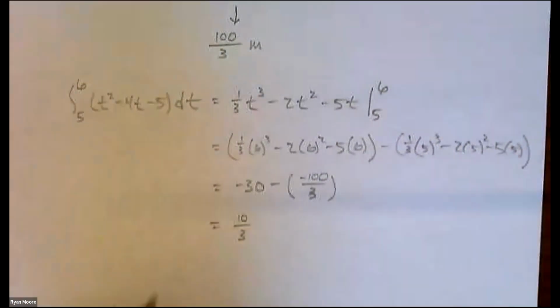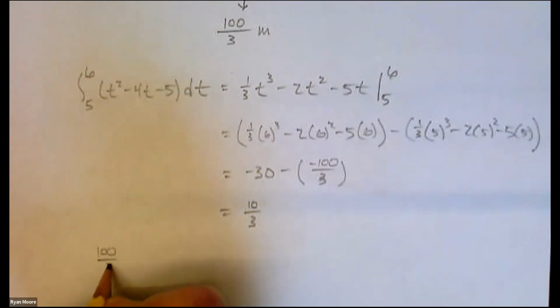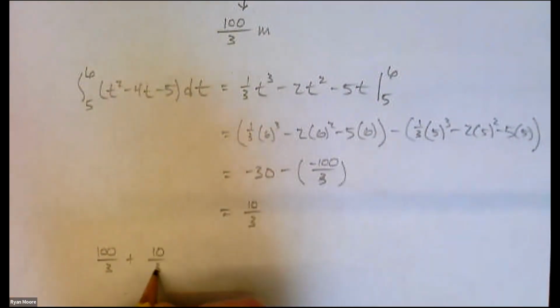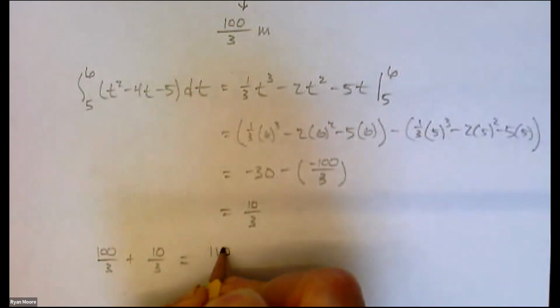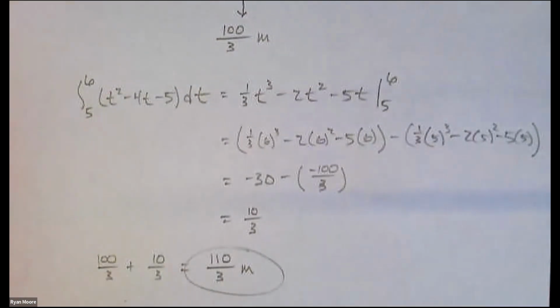So what's our answer? We're going to add these two: 100/3 plus 10/3. This particle traveled 110 over 3 meters total.